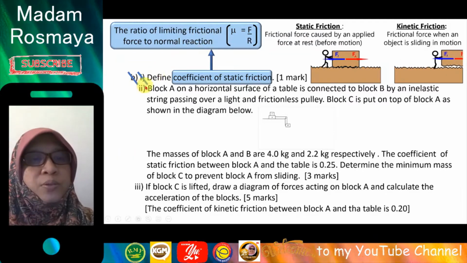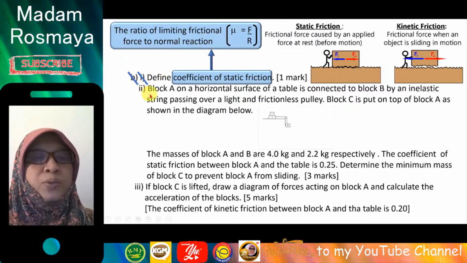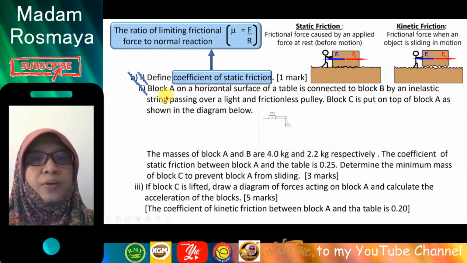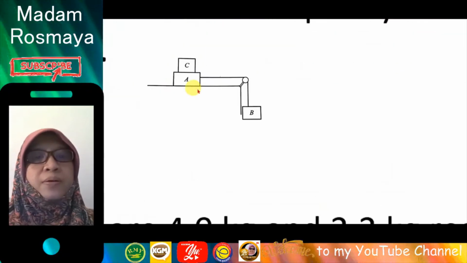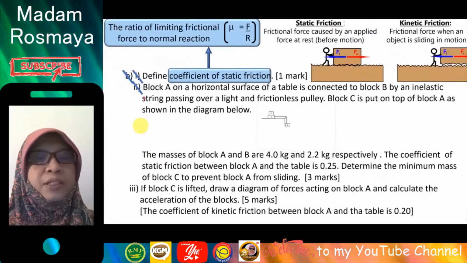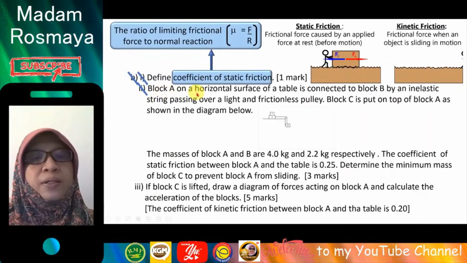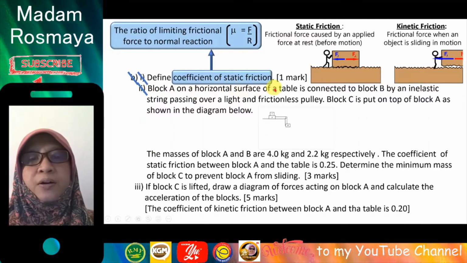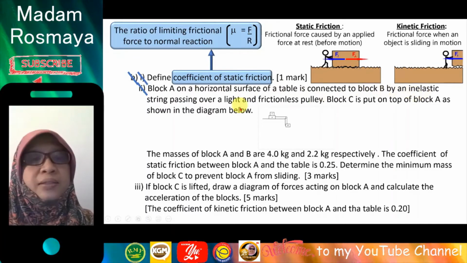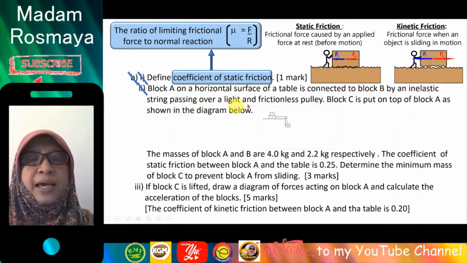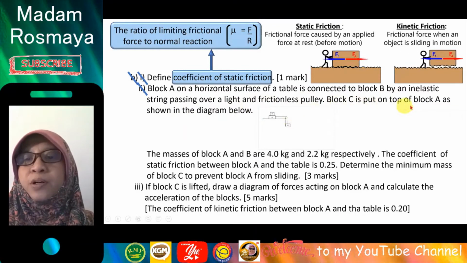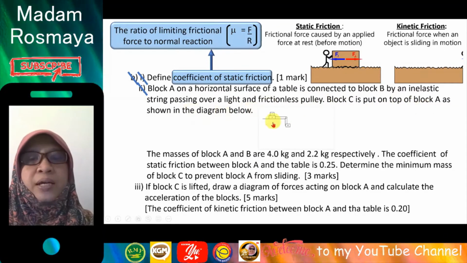Okay, next we do question B2. Before that, we read the question first. Block A on a horizontal surface of a table is connected to block B by an inelastic string passing over a light and frictionless pulley. Block C is put on top of block A as shown in the diagram below.